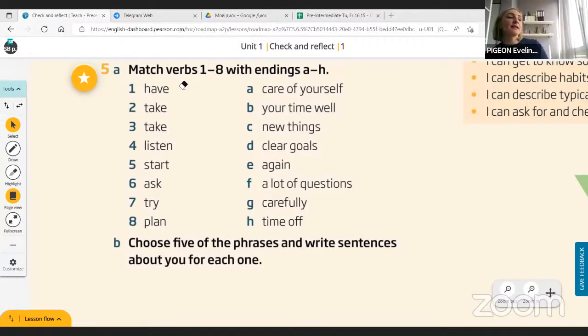Usually I take a lot of vitamins, and I try to eat healthy food, and I sleep a normal number of hours. And I try to go.